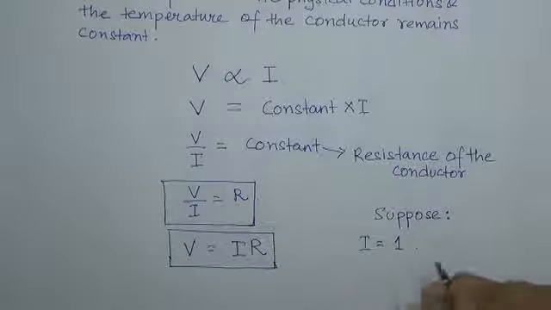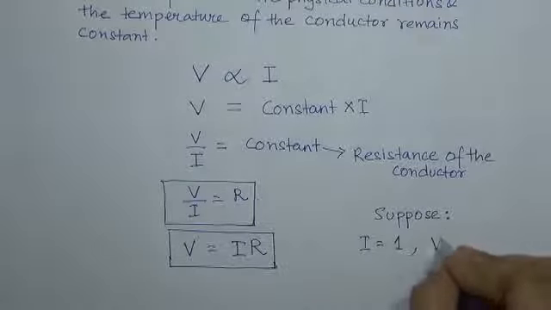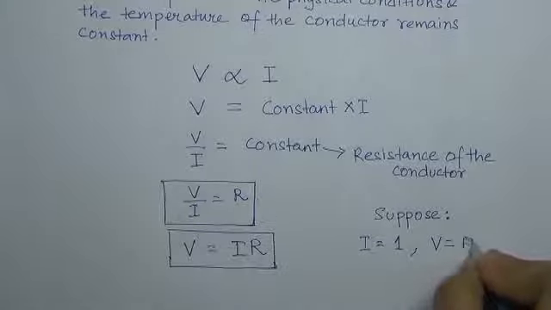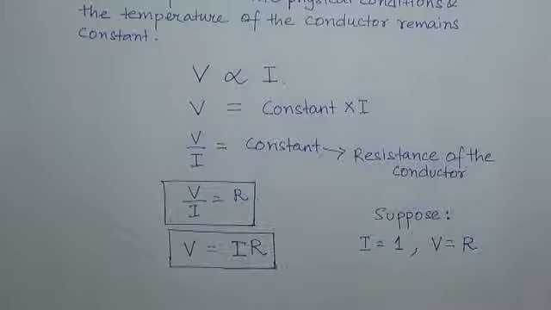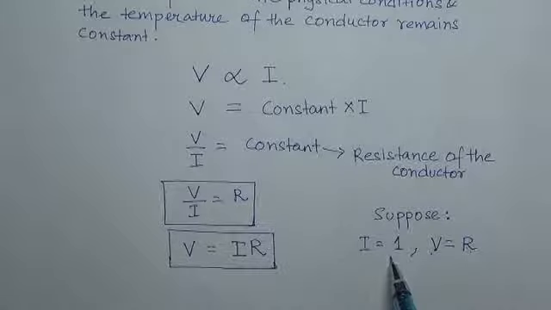If the current is equal to 1, then we can say that resistance is numerically equal to the potential difference. So what statement you can write from here? You can write that the resistance of a conductor is numerically equal to the potential difference across its ends when unit current flows through it.